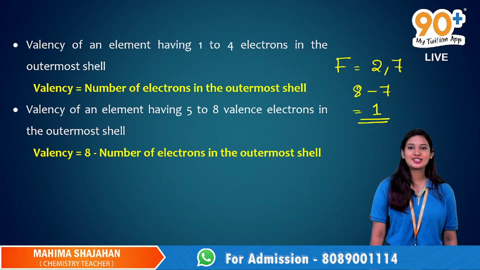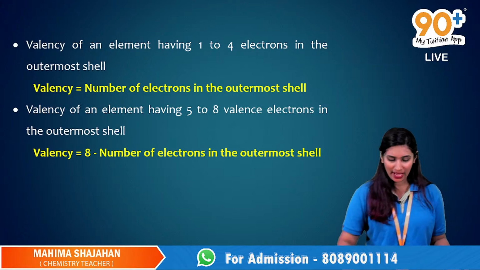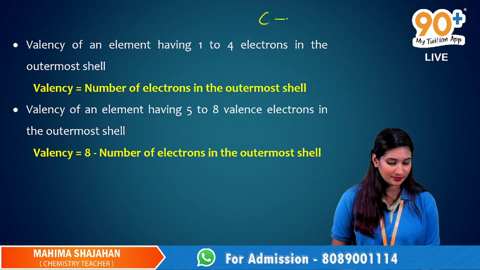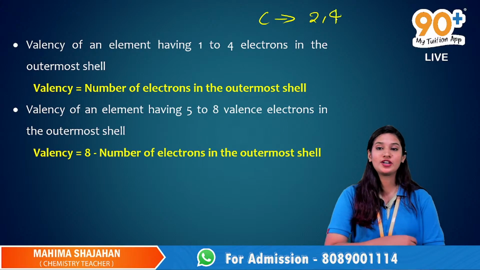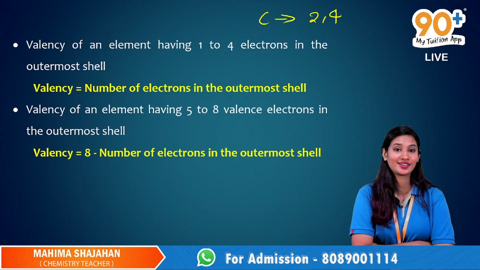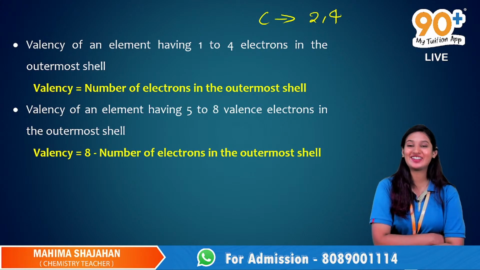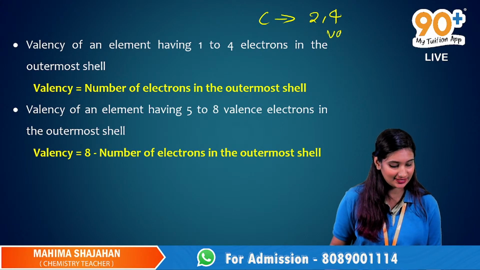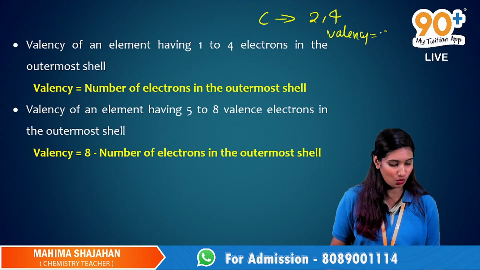Is it clear? Now, another question: carbon. The electronic configuration of carbon is 2,4. What is the valency of carbon? Very good, it is 4.